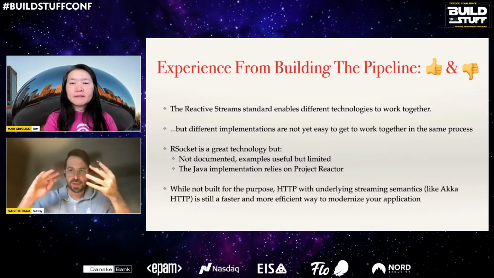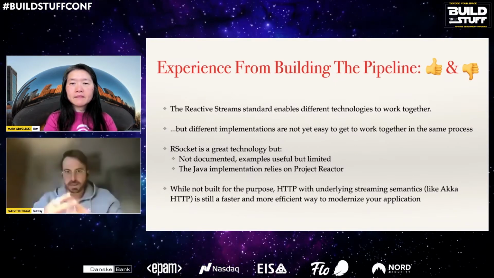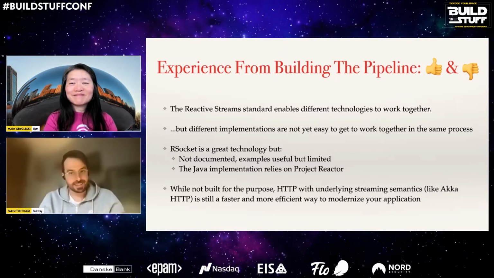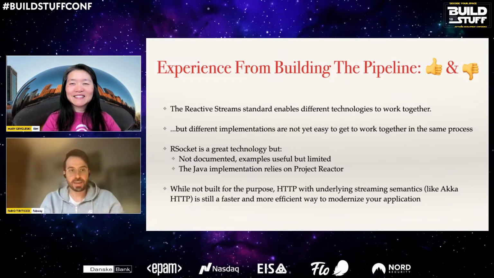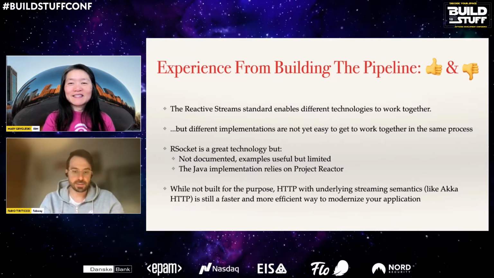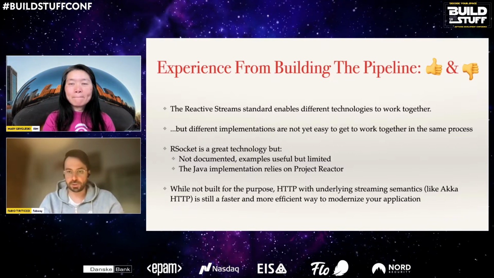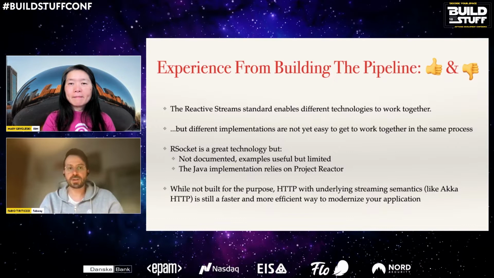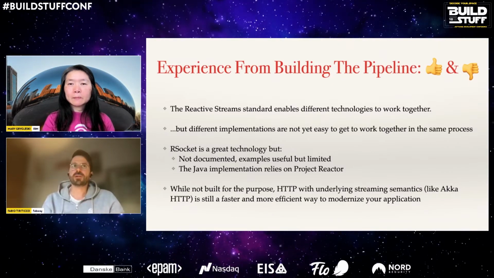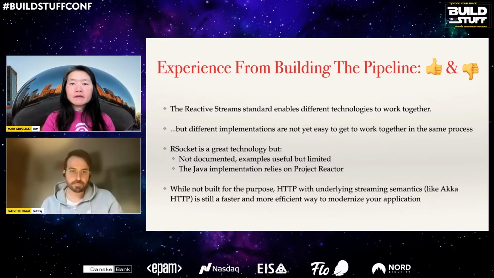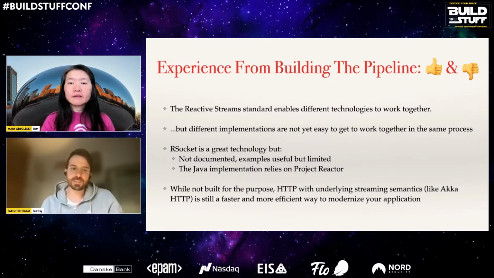So to make them work together is not as easy. I didn't find it as easy as it's advertised sometimes. Kafka is, of course, battle tested, and there are many tools, and I'm sure many of you in the audience use it. But RSocket is kind of a new technology. It was initially introduced by Netflix.